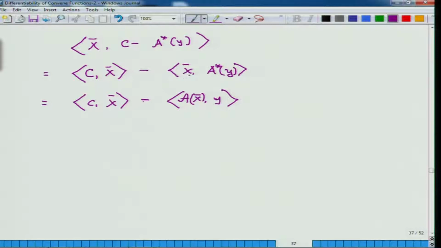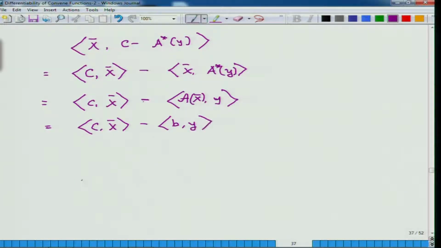So, x bar is the matrix here. Here what you see is a multiplication between two matrices that has been converted into multiplication between vectors, an inner product between vectors. Multiplication in higher dimension is inner product. So, this is nothing but C of x bar minus B of y.